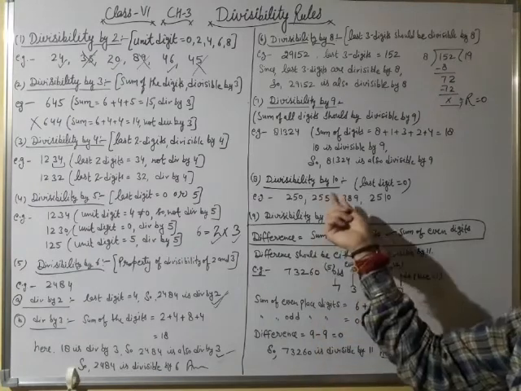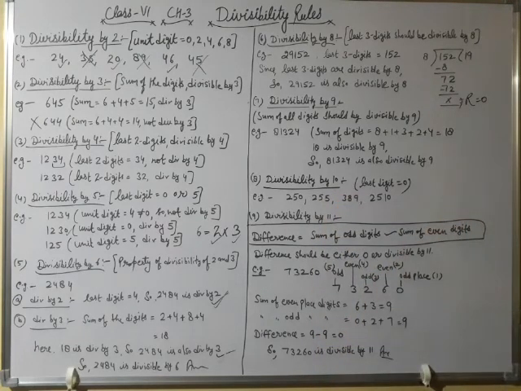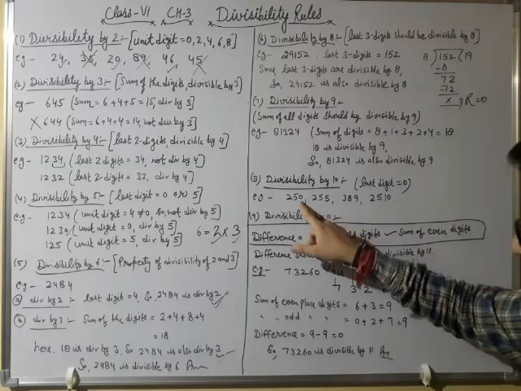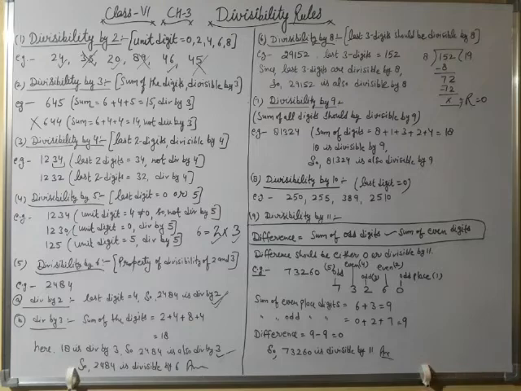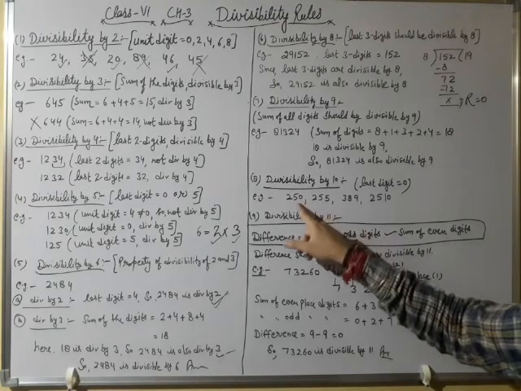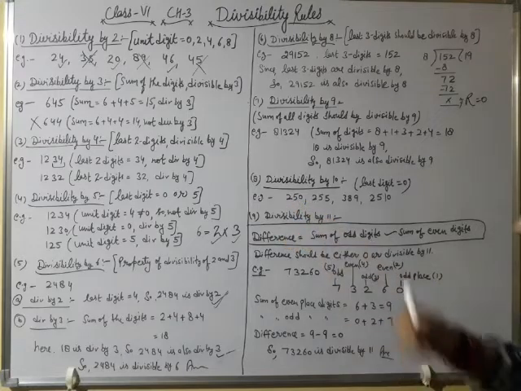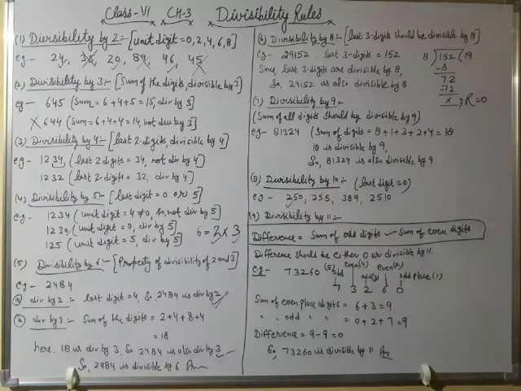Next property is divisibility by 10. It's a very simple property. If the unit digit of the given number is 0 then the number is divisible by 10, otherwise the number is not divisible by 10. Here the last digit of 250 is 0, therefore it is divisible by 10.